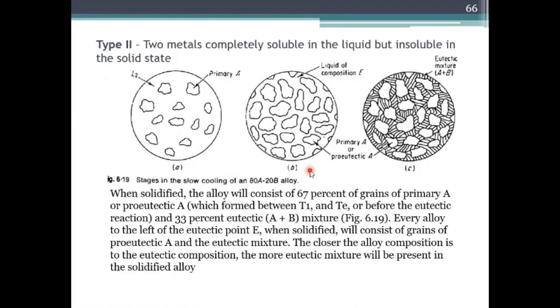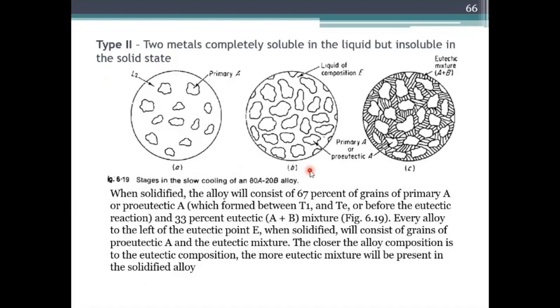So these are the various solids, which are nothing but two metals completely soluble in liquid but insoluble in the solid phase. Now if you see this, the alloy will consist of 67% grains and 36% eutectic mixture.